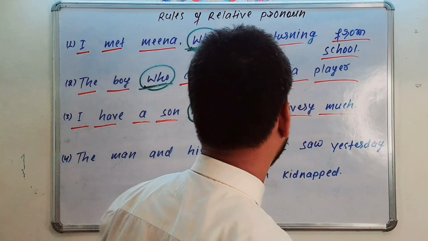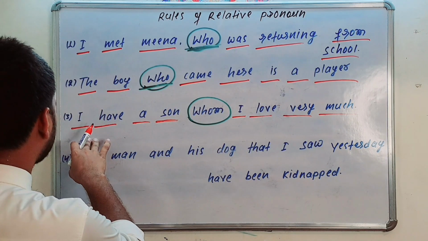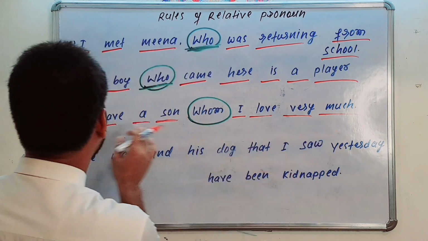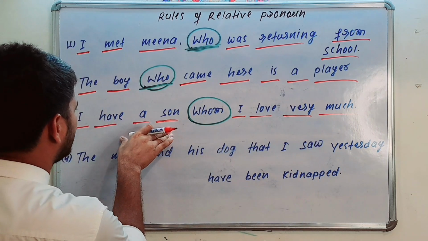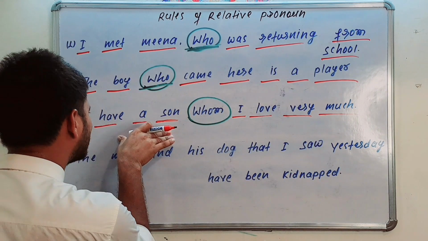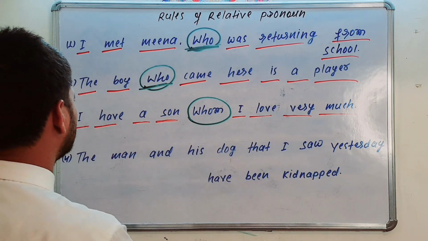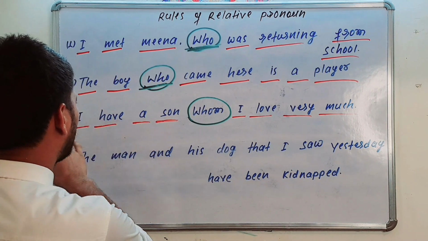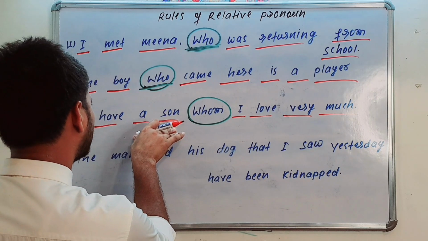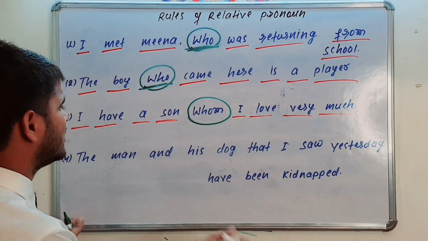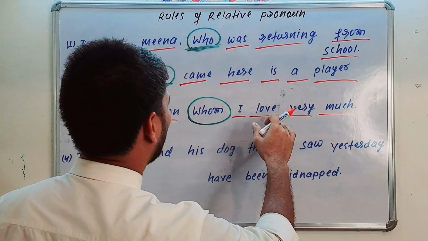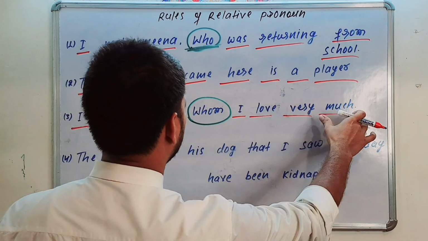Now I'm going to show you here. See this third example: I have a son whom I love very much. I have a son is an independent clause, because it can stand alone in a sentence. It gives you complete meaning. But whom I love very much: I love whom very much.